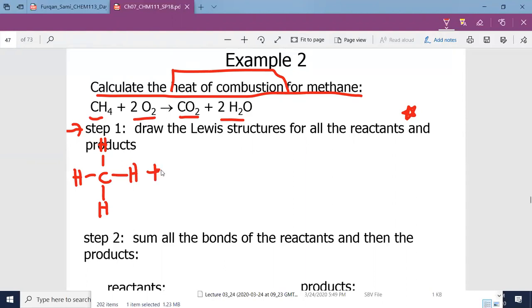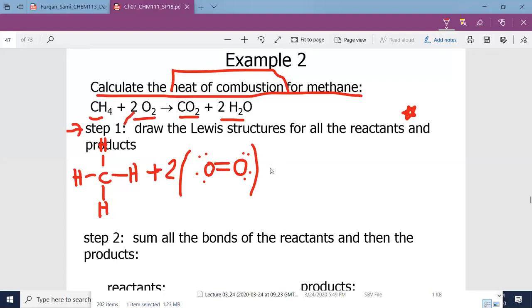The Lewis structure of oxygen is going to look like 2 times what I have here. The Lewis structure of oxygen is going to be like this, double bonded. Okay, you know how to draw Lewis structures now. It means in total I have 2 double bonds, because do not forget this 2 here.